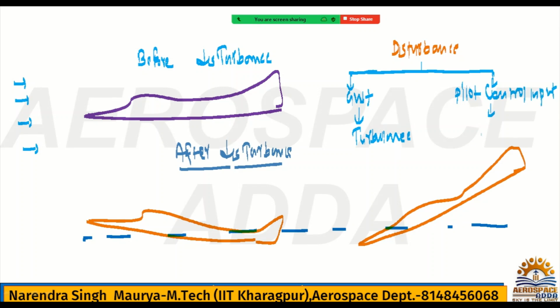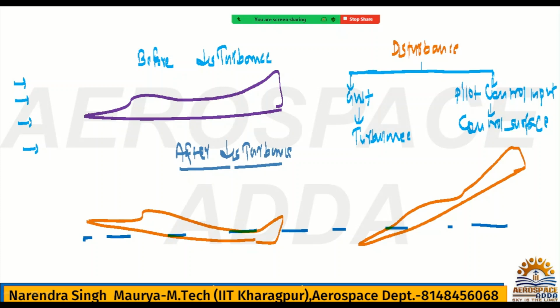In that we have control surfaces. Suppose the pilot is controlling the control surfaces, maybe using a flap, which is a high lift device, or using a spoiler, which is the air brake, or using the elevator, the rudder, or the aileron.